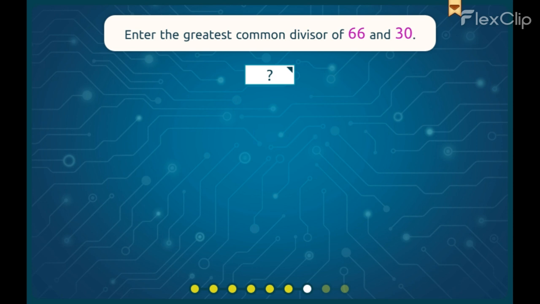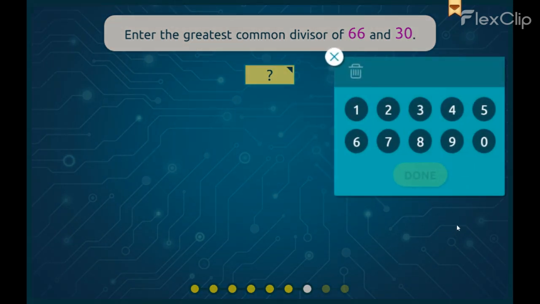Is it right? We're counting by 5, 6 times, till we get exactly 30. So 30 can be divided by 6 equally. 66 can be divided by 6 equally and will give us 11. That's why the greatest common divisor would be not 2, but 6.